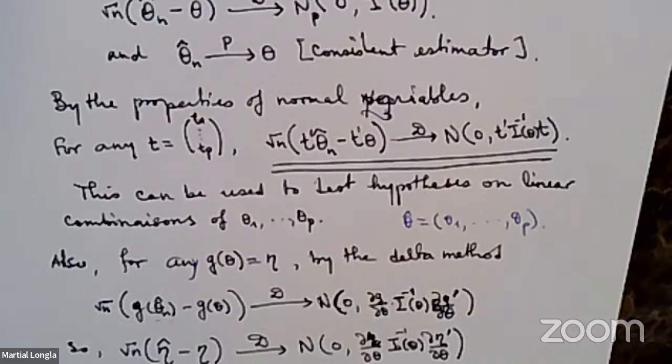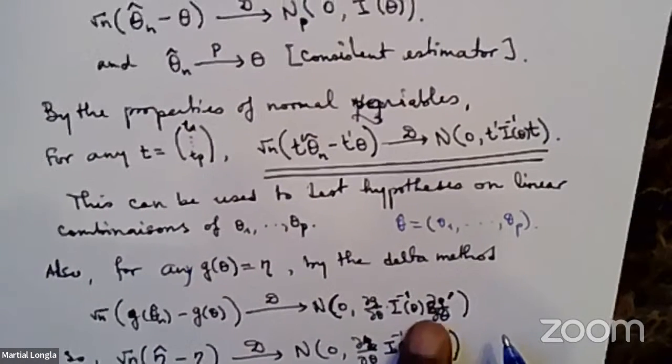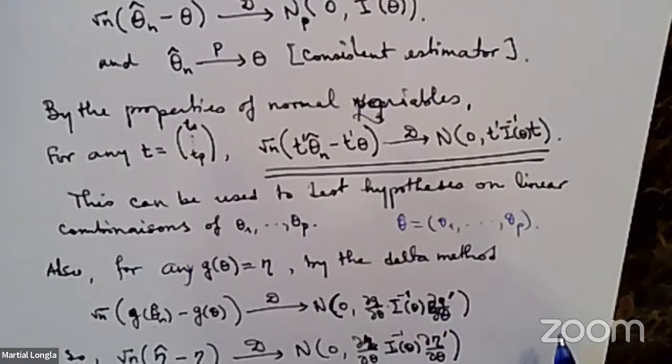This is what we call the delta method in 575. This would converge also to the normal distribution, and the variance shall be the original variance, and then you take the derivative with respect to theta of the function, multiply on the left, and then the transpose on the right.